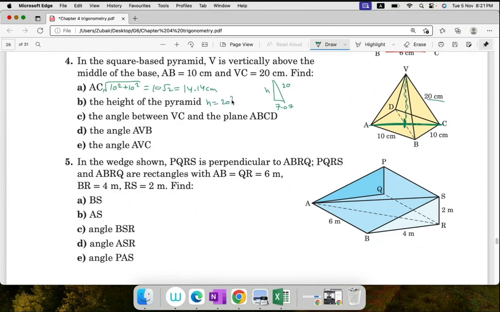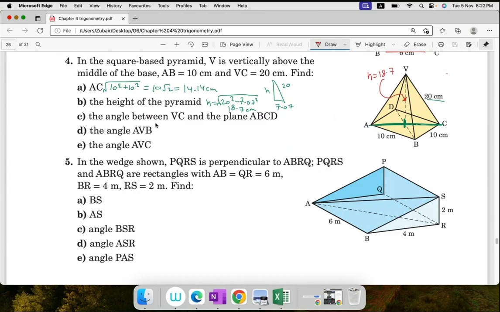The height is equal to the square root of 20 squared minus 7.07 squared, which is 18.7 centimeters. Let me just write that out. And this is the height.